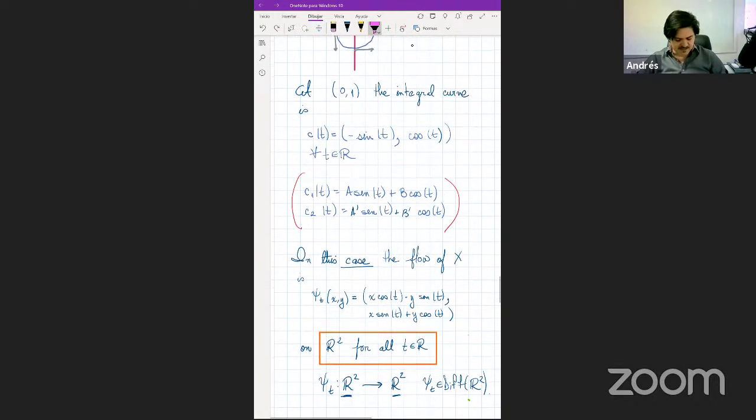And also, from one vector field, we get many diffeomorphisms. Okay, this is good. At this point, any questions?